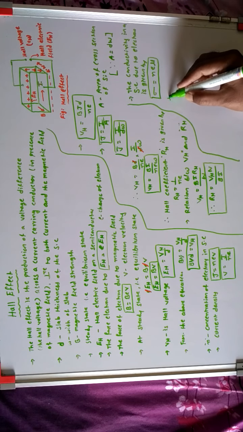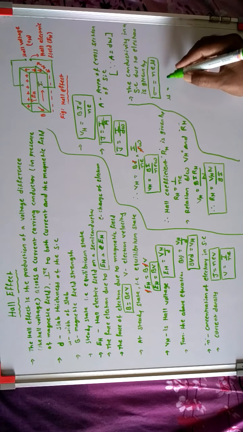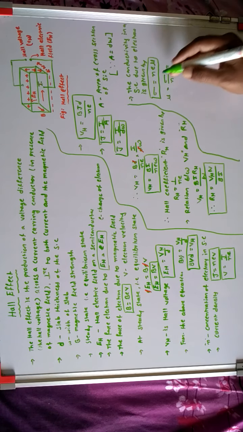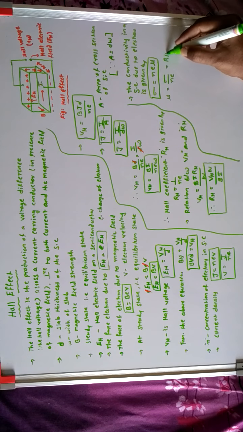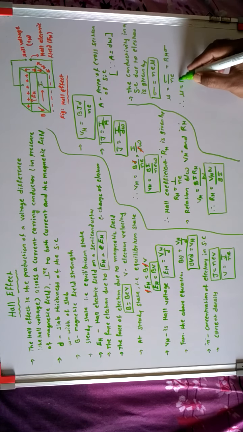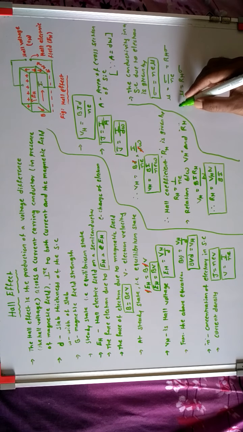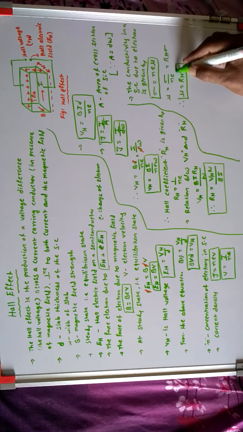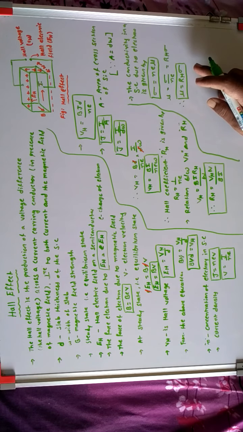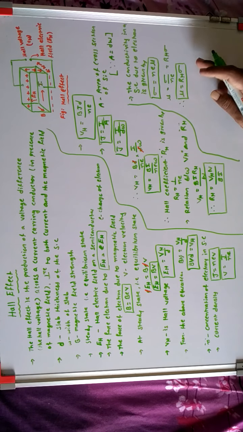Here mu equal to sigma by ne, that is 1 by ne means RH, so mu equal to RH sigma. The above expression represents the Hall voltage, Hall coefficient and conductivity in terms of the Hall coefficient.